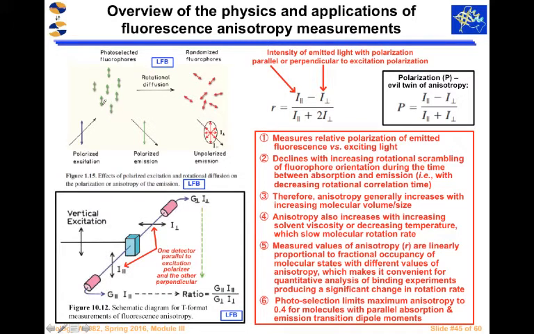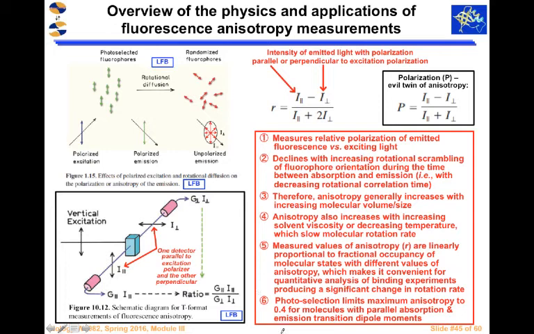Again, that's because something at a 45-degree angle to the excitation vector will be excited to some extent, not as much as the parallel ones, but excited to some extent. And when it's excited to some extent, it will emit. If it doesn't rotate at all, it will emit a characteristic of the transition dipole moment at that 45-degree angle, and that will already have lost some of the polarization.